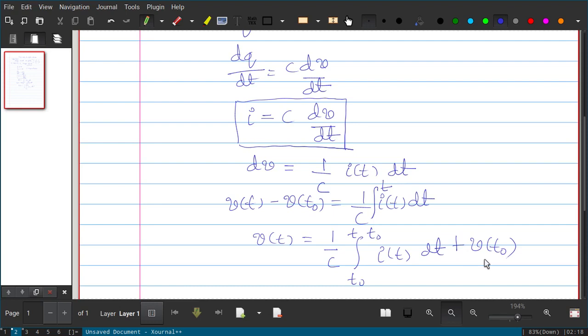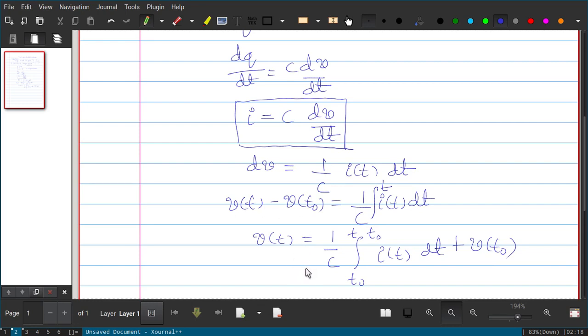So the voltage across a capacitor is the voltage at initial time, or voltage at t equal to 0, what was initially the voltage across the capacitor, plus 1 over C into the integration from t0 to t of I of t dt.